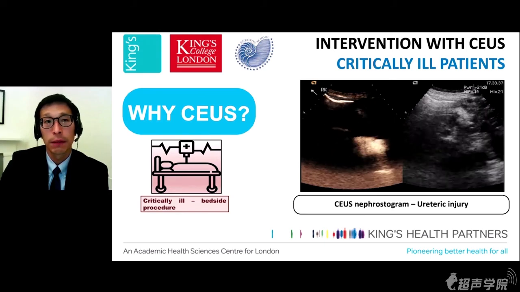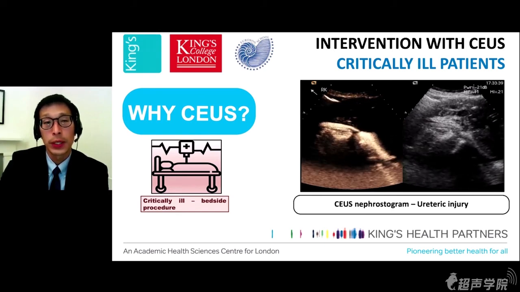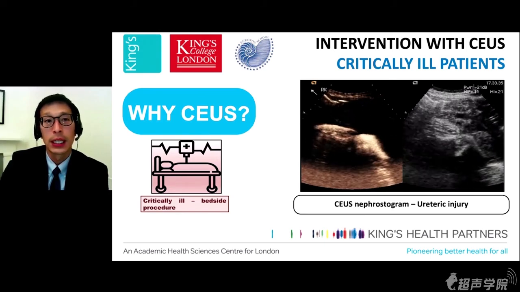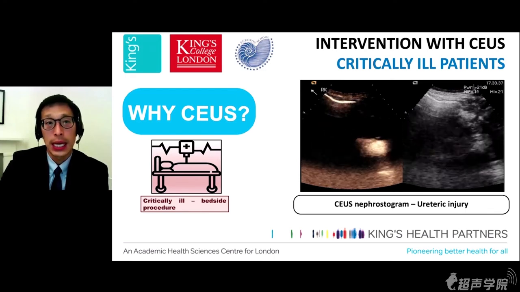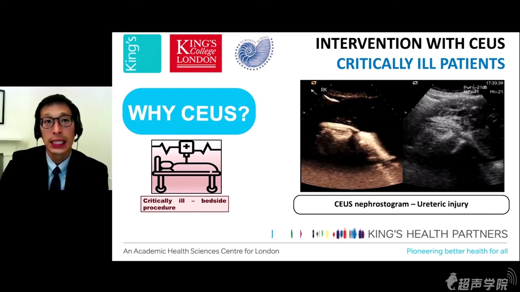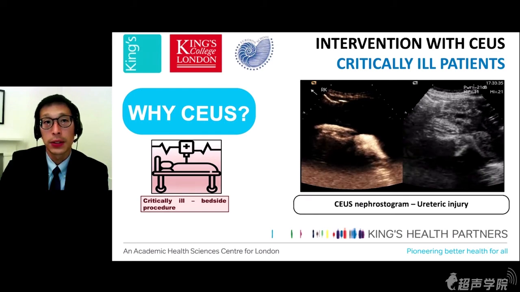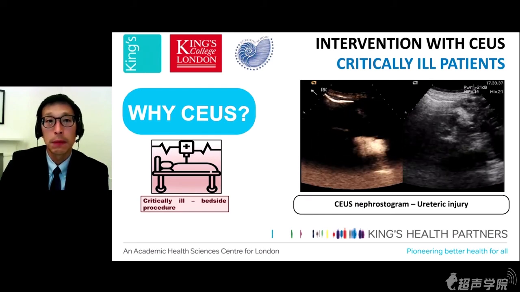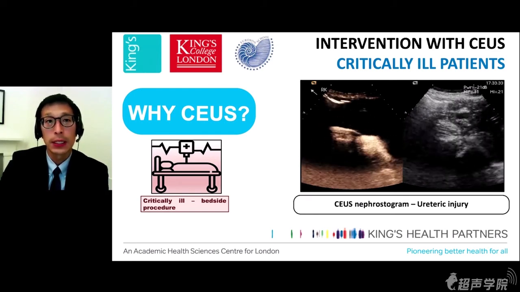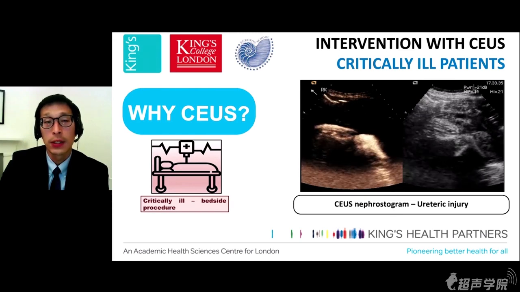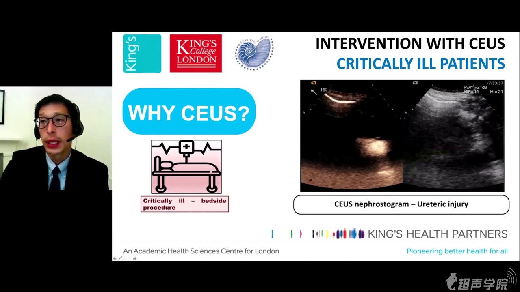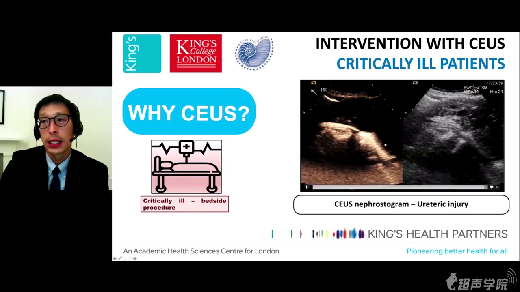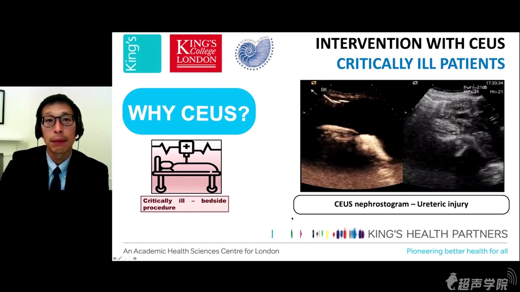And finally, another patient group at risk is the critically ill patient, where if we can get useful information at the bedside, that can avoid the risk of transferring the patient. We talked about the contrast enhanced ultrasound nephrostogram. This is an example of a contrast ultrasound nephrostogram performed at the bedside in a very sick patient. Here we can see there's a ureteric injury with the spread of contrast agent into a collection within the abdomen.